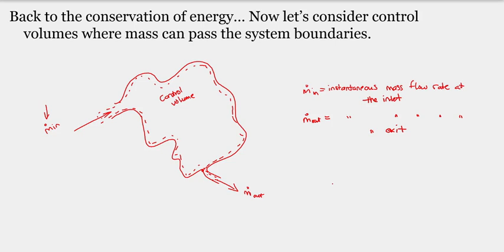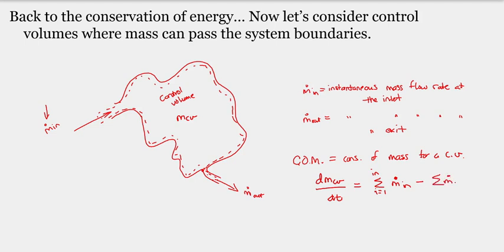Okay. So the conservation of mass, COM, again, that's conservation of mass, for a control volume says that the mass within the control volume, as a function of time, has to be related to the mass flow rate of the stuff coming into the system for all possible inlets, so i equals 1 to all the inlets, minus the mass flow rate of the stuff leaving the system, so that's i equals 1 to all the outlets coming out.